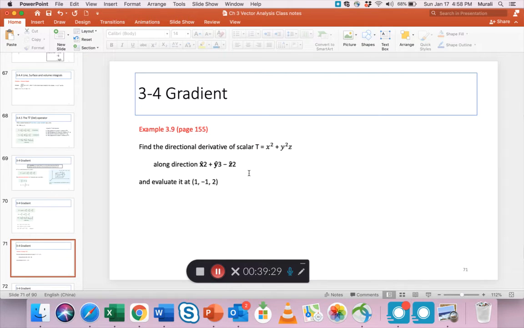So first find a unit vector along this direction, which means you take this vector and divide it by the magnitude. So he shows you how to do that in the example.